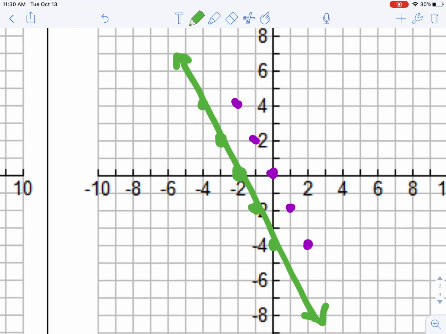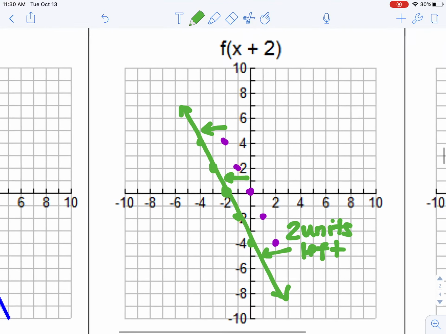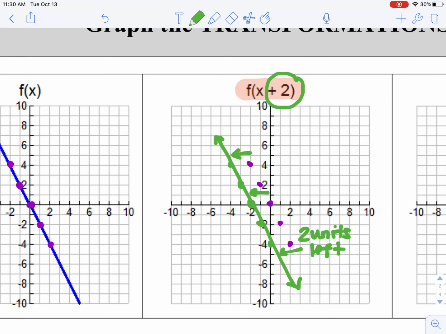So if I zoom in here, these purple dots were my initial points, and I moved my graph over 2 units to the left to get my new line, and I moved it over because I had plus in the parentheses there.